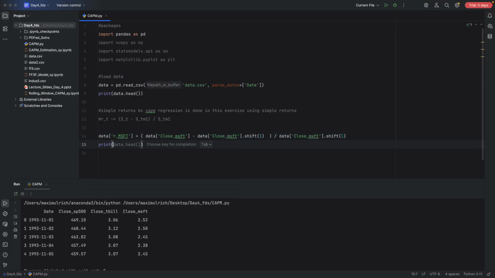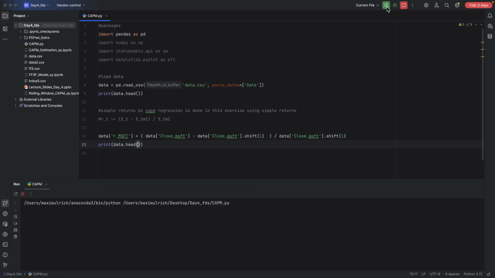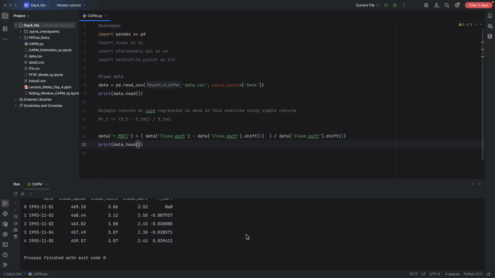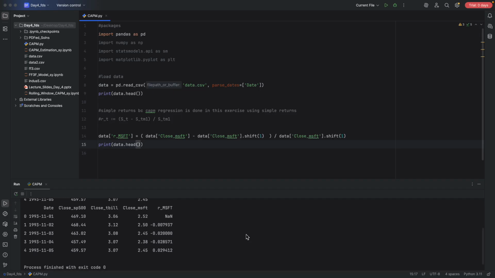So again, we make a print and see whether we accomplished what we wanted to accomplish. Yeah, indeed, you see we just appended another column at the back, Microsoft. Nice thing with Python, T and T minus 1 have different column lengths, but Python takes care of that.